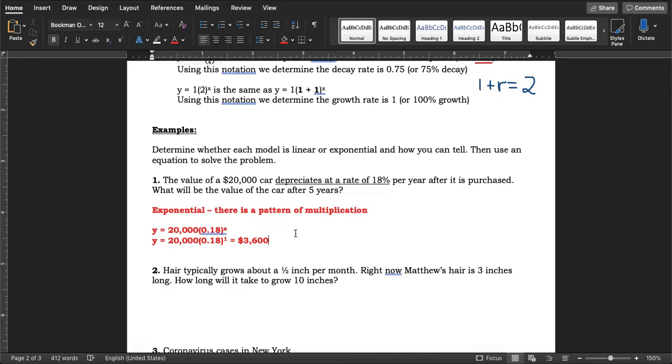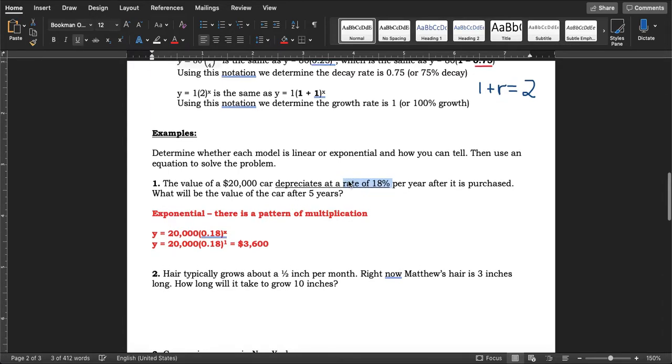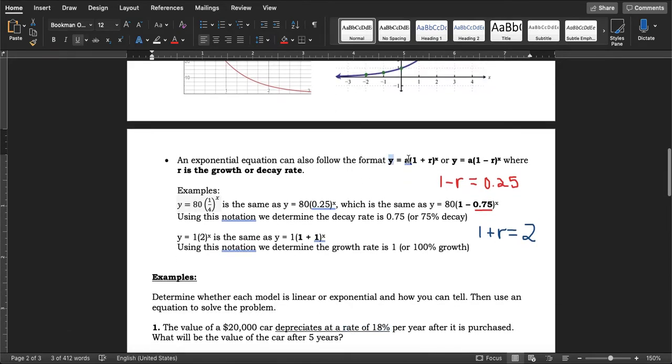And the reason why that doesn't make sense is because when you're given the growth or decay rate, you should use one of these formulas. So when you're given the pattern as a percentage, you need to use this format to help you write the equation. Specifically, I'm going to use the one with subtraction since I know that the numbers should be decreasing.